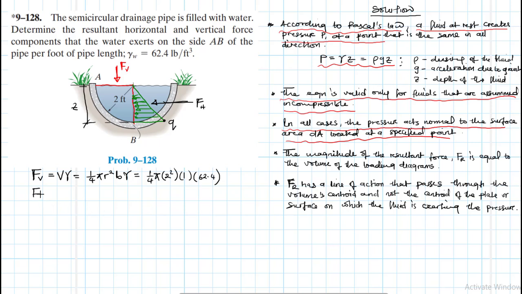When we calculate this, 0.25 by pi by 4 by 62.4, we get an FV of 196.04 pounds. Of course, we are not finding the location.